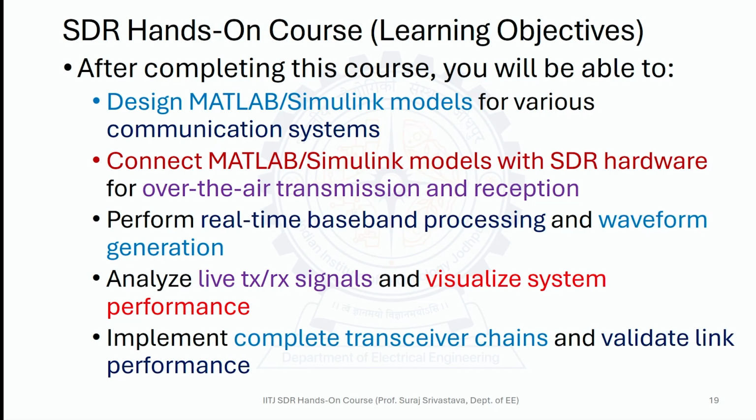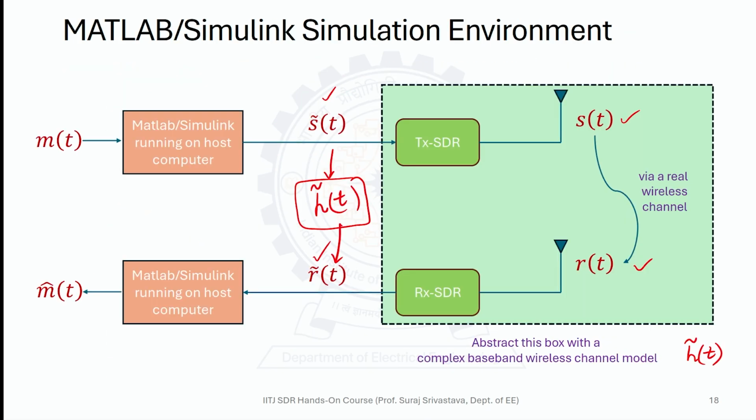And then you can connect this MATLAB Simulink model with the SDR hardware for the over-the-air transmission and reception. Then you can perform real-time baseband processing and waveform generation. So basically it means that once you receive this baseband waveform R tilde t via SDR, you can perform the baseband signal processing in the MATLAB Simulink block running on your host computer.